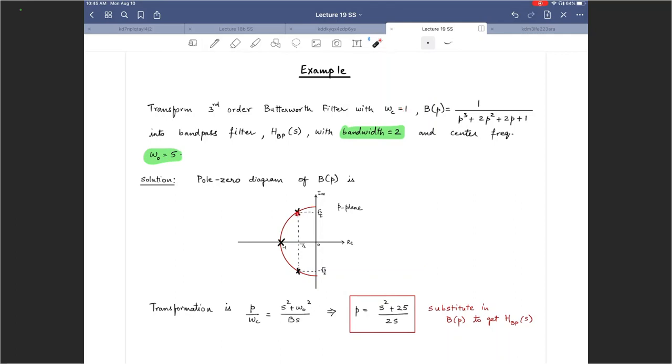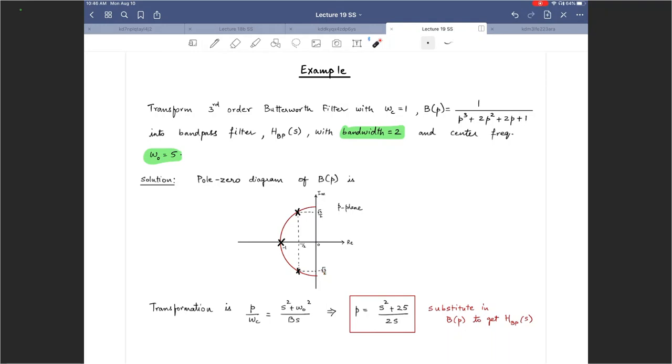And they are present at angles that are 60 degrees apart. So one is at 120 degrees, one is at 180 degrees, and the last one is at 240 degrees. That corresponds to having the real part of the poles as negative half and the imaginary part to be plus and minus square root 3 over 2. So that's from the earlier discussion.